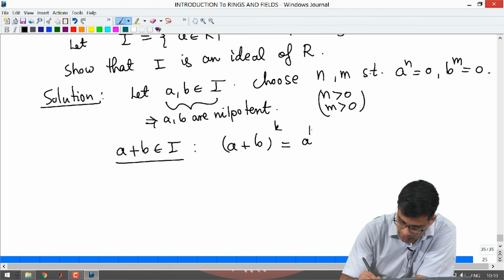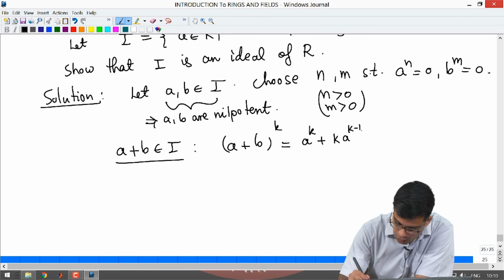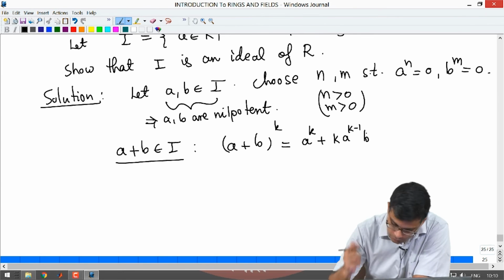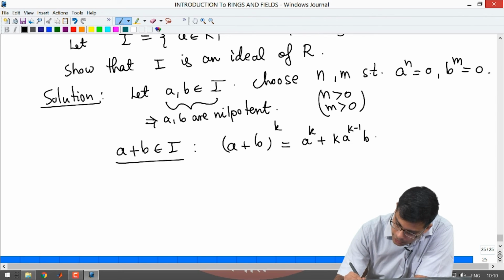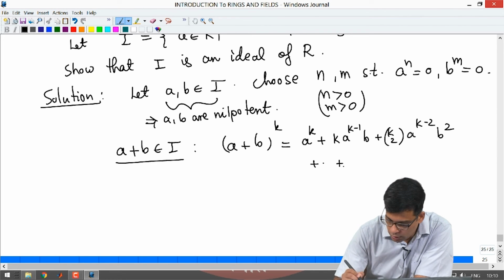This will be something like A power k plus k times A power k minus 1 b, and then k choose 2 A power k minus 2 b squared and so on.